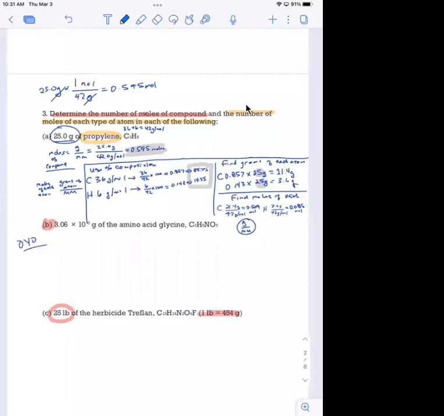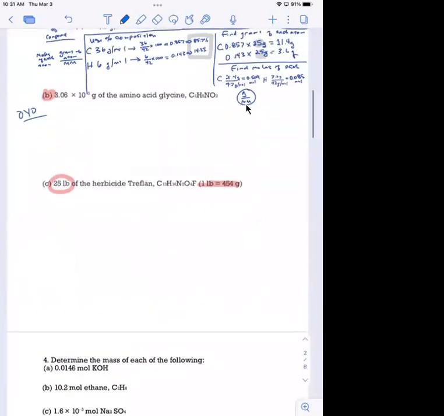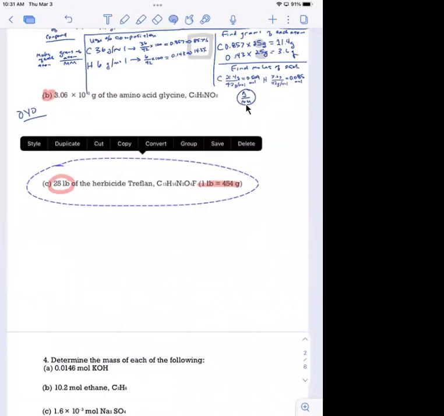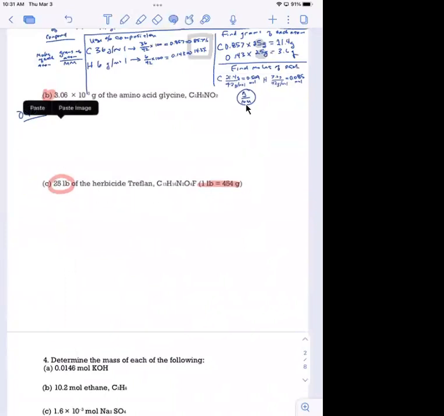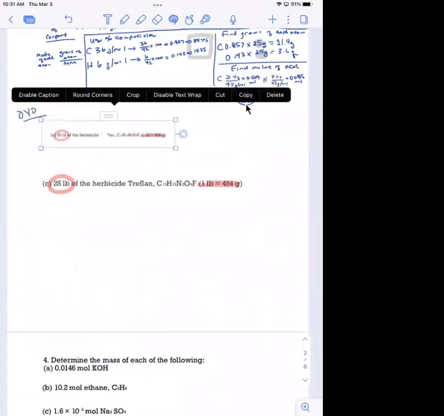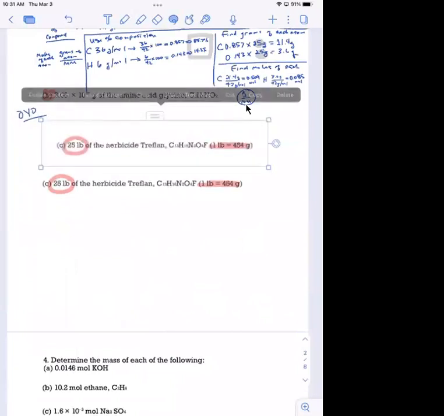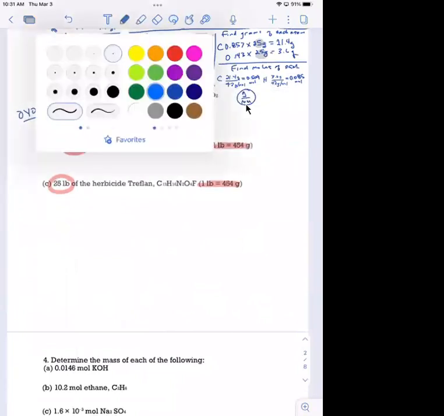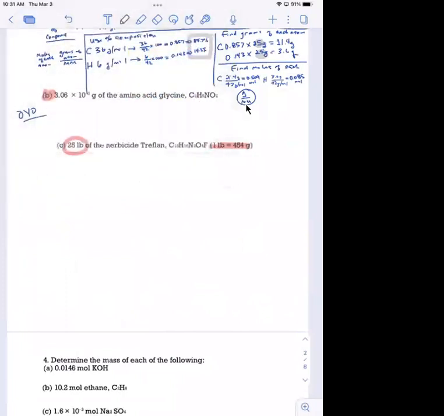Let's do it. I'm gonna move this up too. You can work that one on your own, or on a different sheet if you need to. All right.